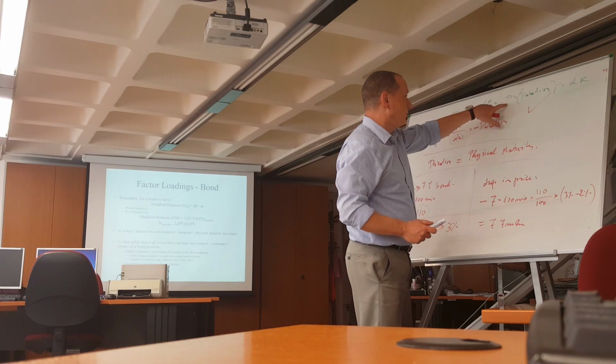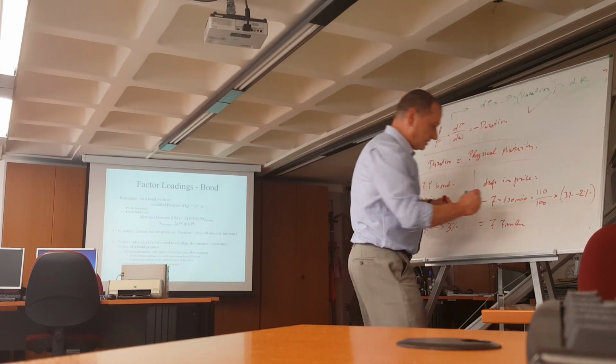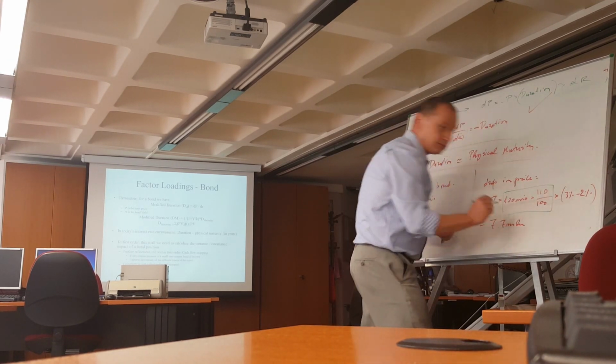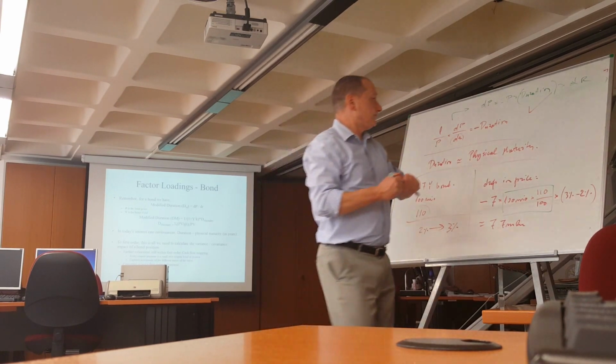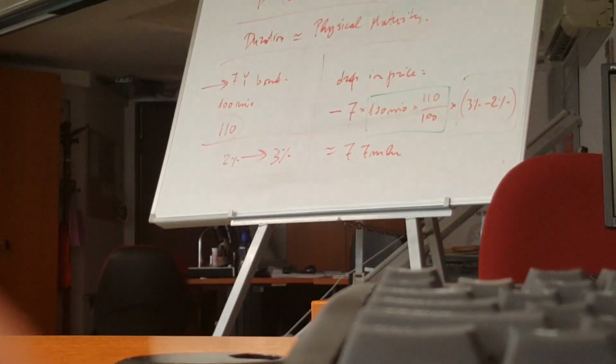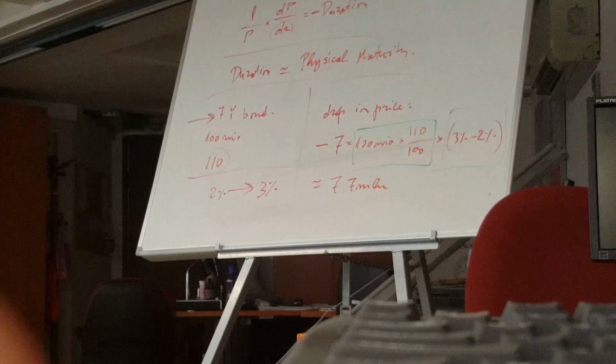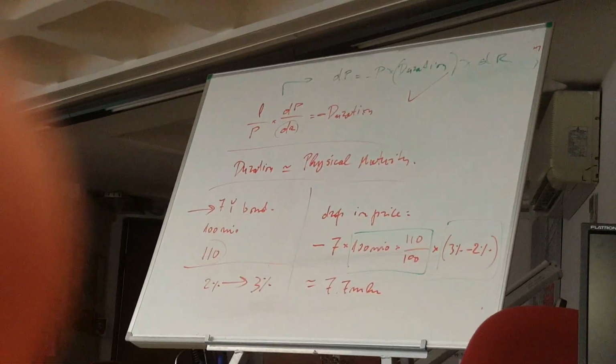The value of the bond is this thing here, and the change in r is this thing here. So this is a 7.7 million decrease.